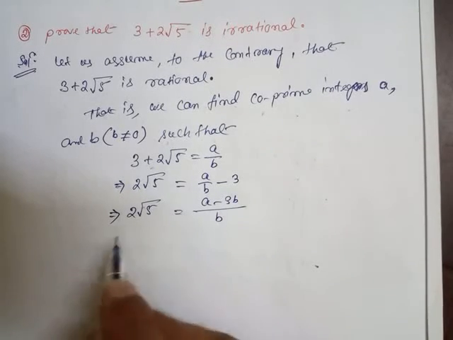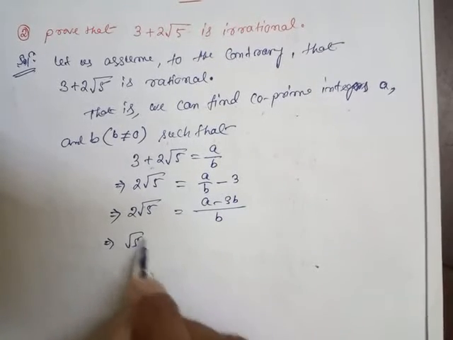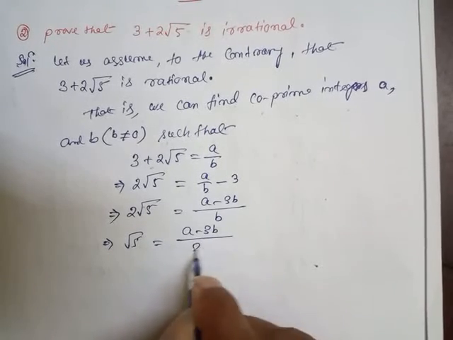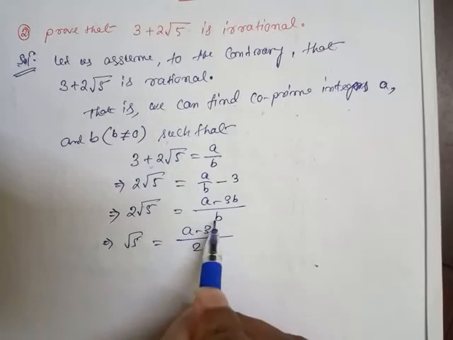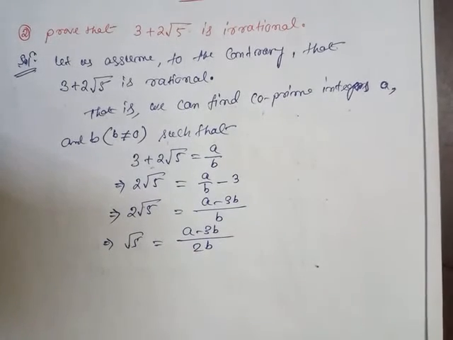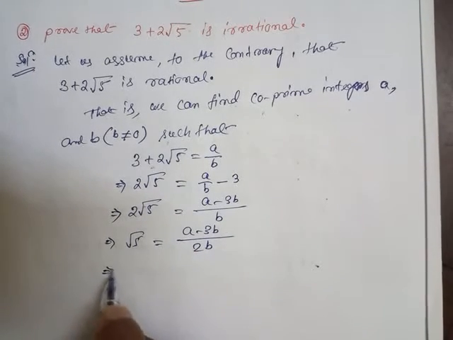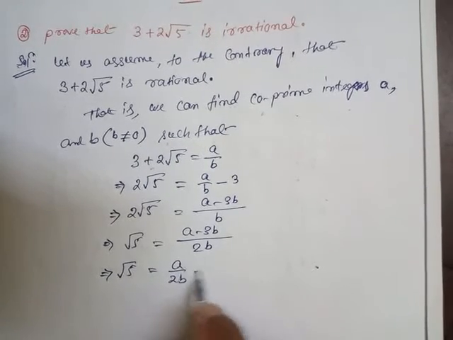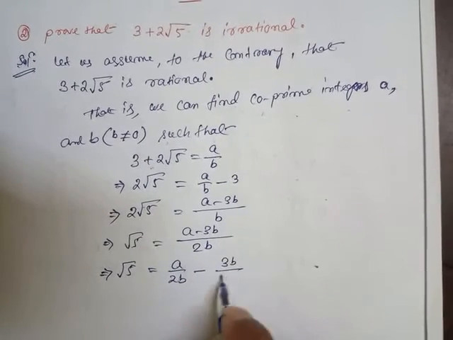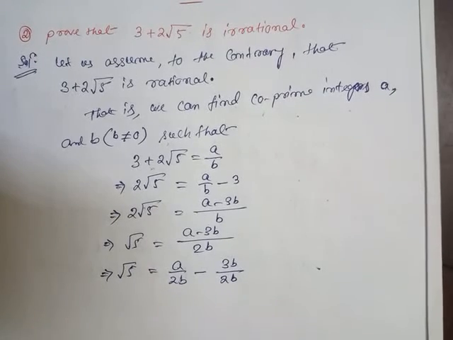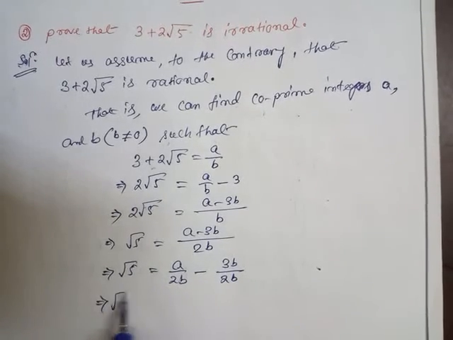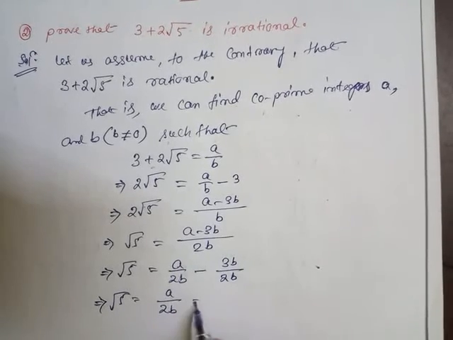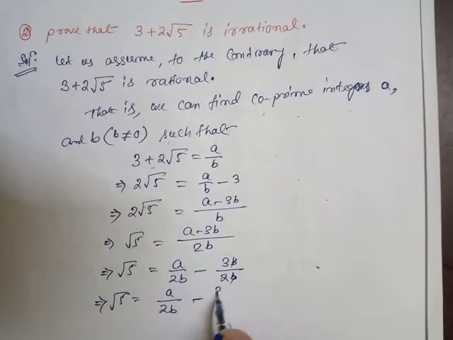Now if we multiply, root 5 equals A minus 3B by twice B, as 2 goes there. Now look, this can be split up. So root 5 equals A by twice B minus 3B by twice B. In the next step, root 5 equals A by twice B minus 3 by 2, as B and B cancel.